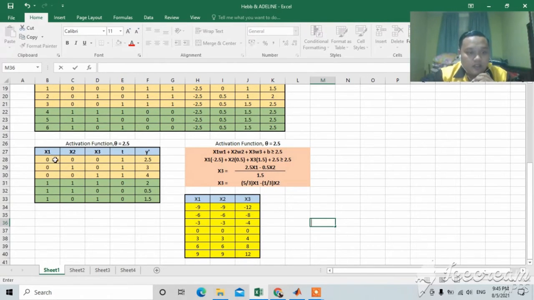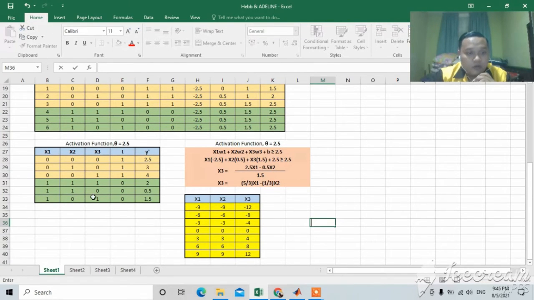So when x1, x2, x3 is 0, we just get the value of bias only. For 0, 1, 0 we have 0.5 right here, so 2.5 plus 0.5 we got 3. For 0, 0, 1 it is 2.5 plus 1.5, we got 4. For 1, 1, 1 it is negative 2.5 plus 0.5 plus 1.5 plus 2.5, and we got 2 for the y new.